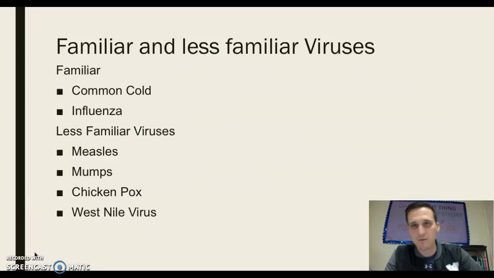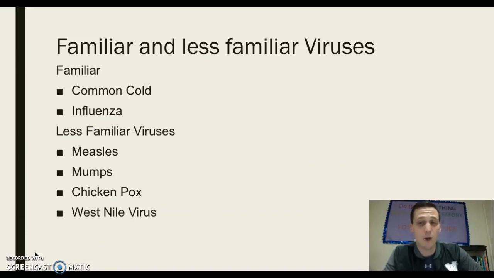Some familiar and less familiar viruses, familiar ones, the common cold and influenza. All right, and so there's the flu shot that you can get. There's some medications that can help relieve the signs and symptoms of the flu and common cold, but you still have the virus. Less familiar viruses, or maybe just the less common ones really, measles, mumps, chickenpox, West Nile virus, those types of things are viruses.